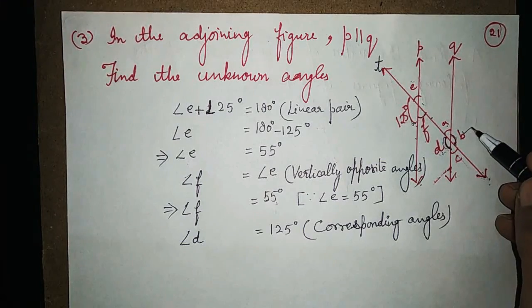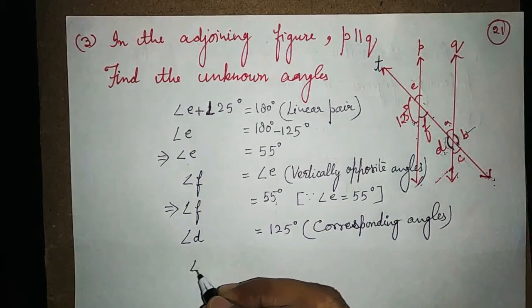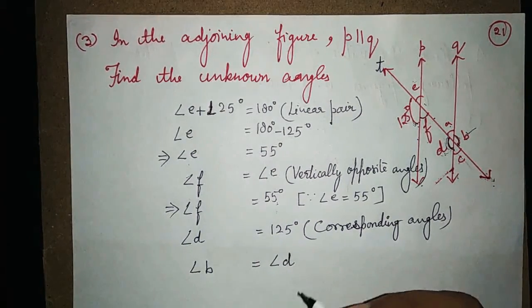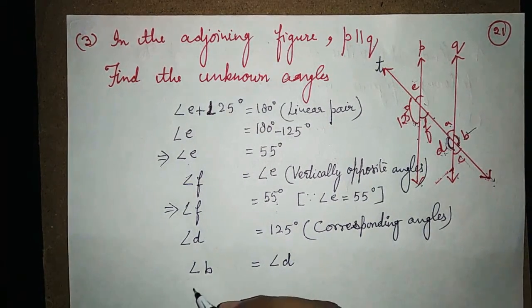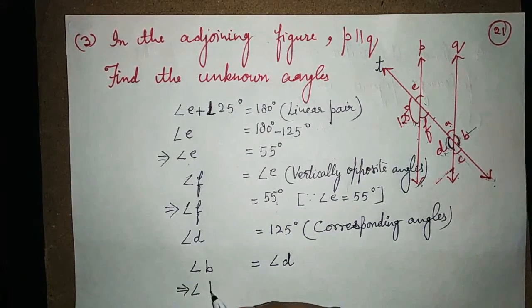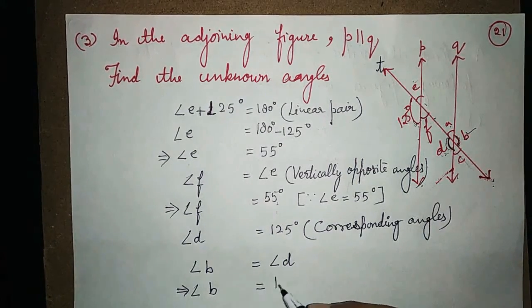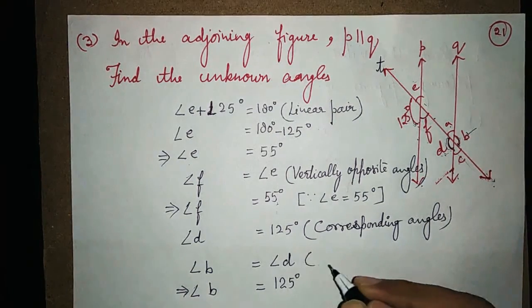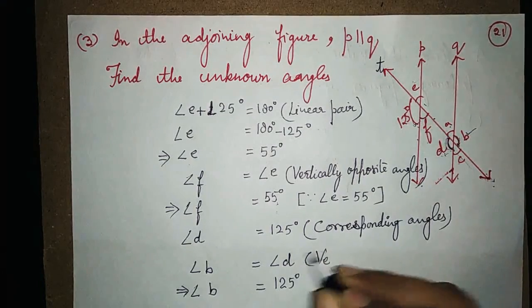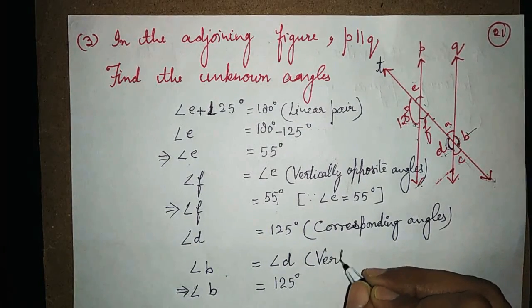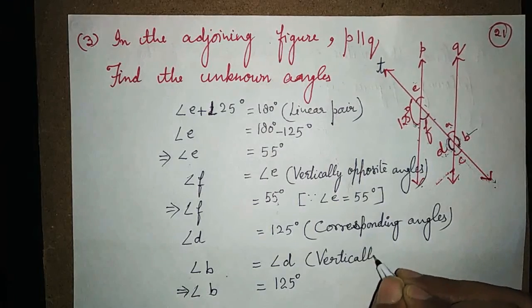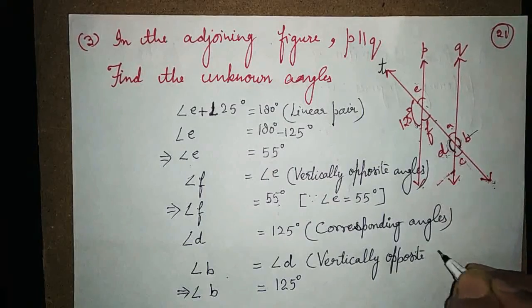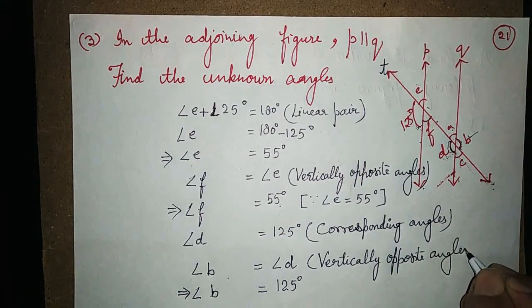So for angle B, here we will write angle B is equal to angle D. Now the measure of angle B will be 125 degree. And the reason we will mention here why they are equal: because they are vertically opposite angles.